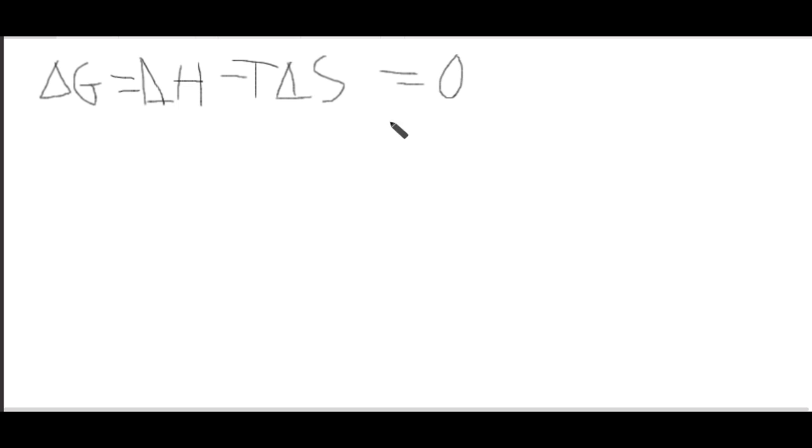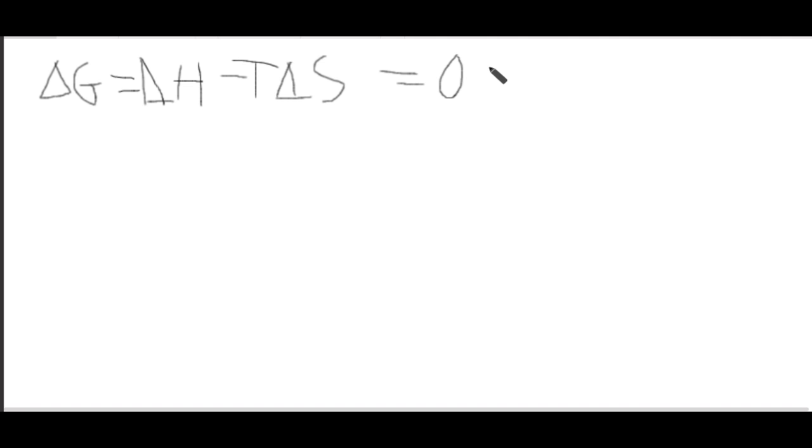We do use delta G, which is equal to delta H minus T delta S, right? Delta G, in the case of state changes, which is vaporization, melting, and boiling, is 0. That's why they don't give us an extra unit, right?